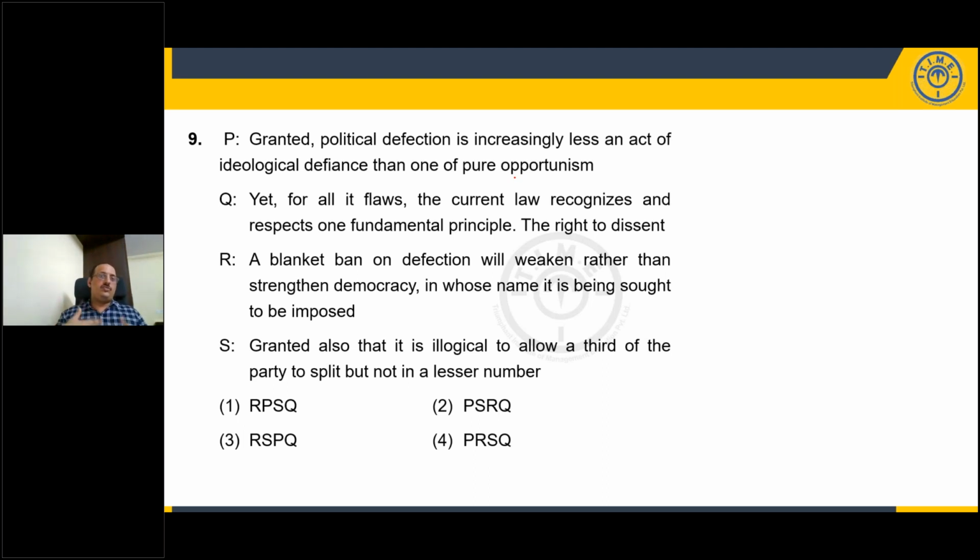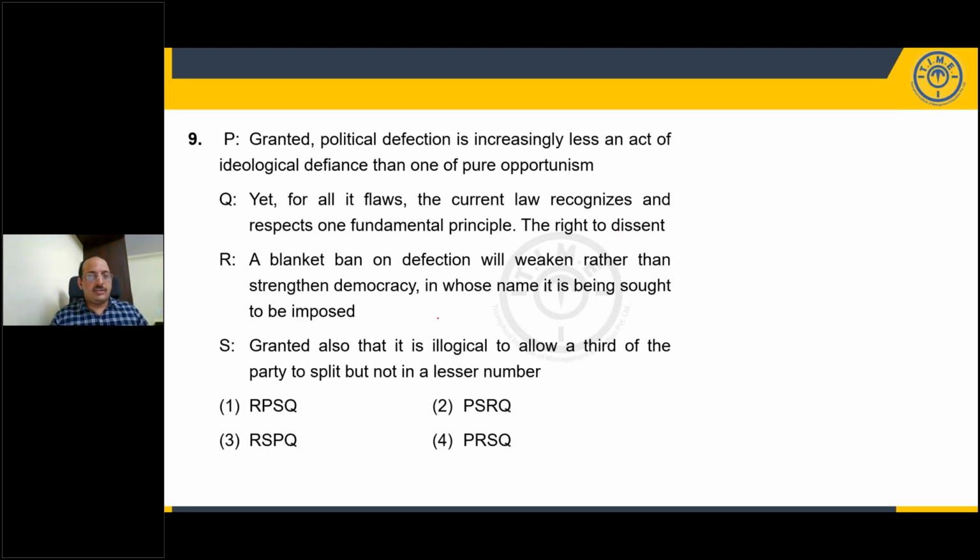He says that it's true that today political defection is less of going against a government, it's more of taking the opportunity. Yet for all its flaws, the current law recognizes and respects one fundamental principle, the right to dissent. Dissent is to fight against something. So for all the flaws, the law recognizes one principle, that is the right to fight.